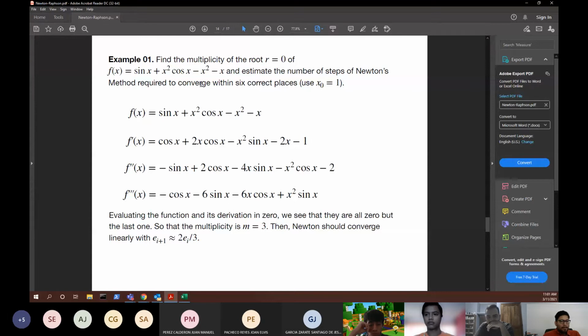So this is the function. How do I compute the multiplicity? I compute the derivative until the function is not equal to 0 when evaluating at 0, of course.